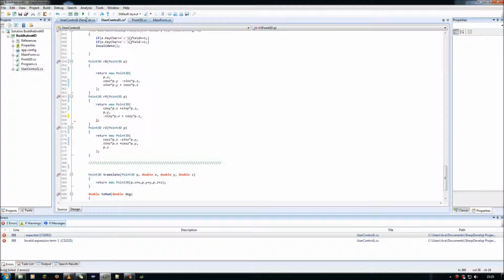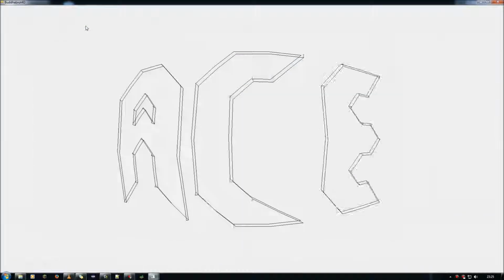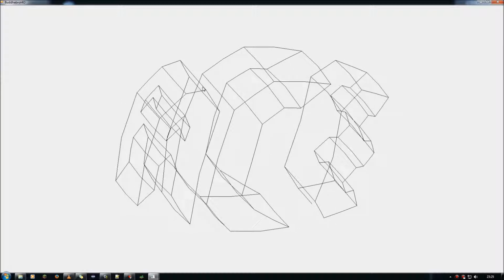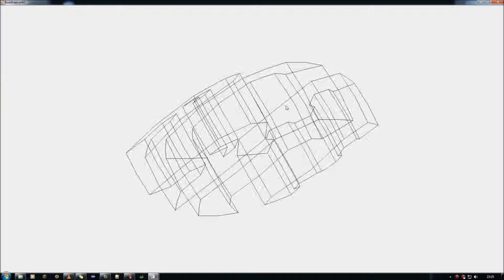There we go. That should make sense now. And there we go. The rendering is a little bit quicker, and in the long run it makes a lot of difference.